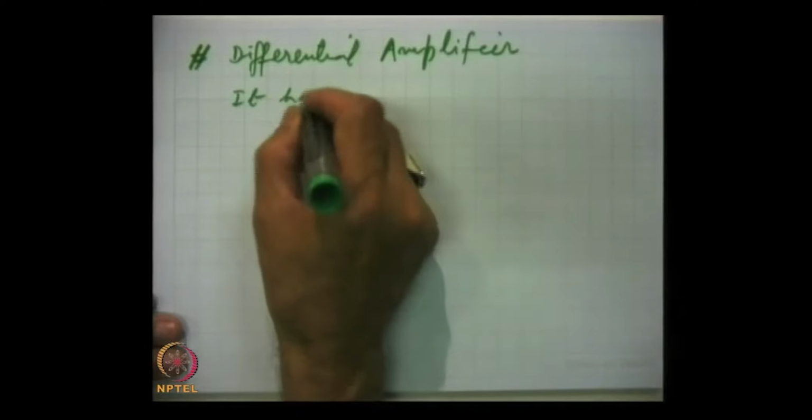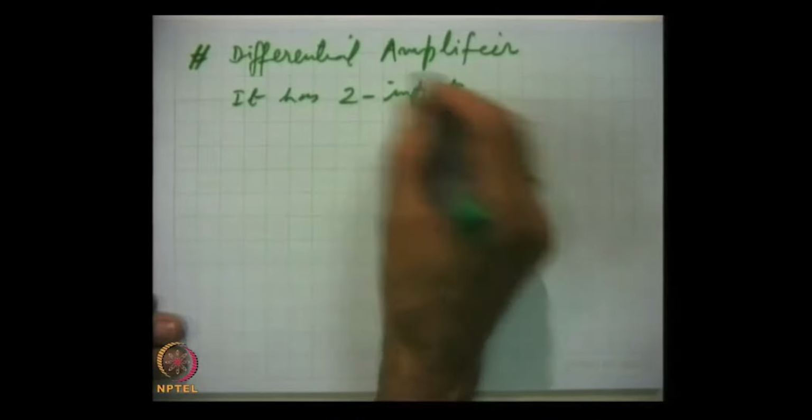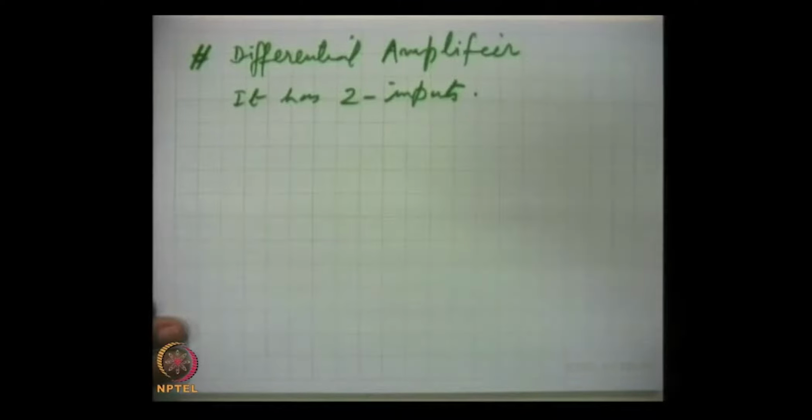These are actually composite amplifiers, and in differential amplifiers there are two inputs, and that means two signals at the two different inputs can be applied simultaneously.